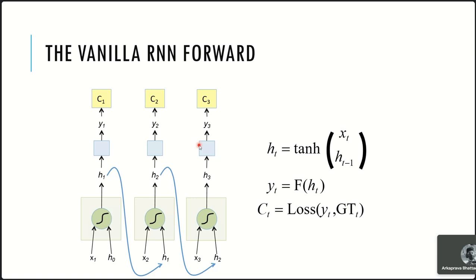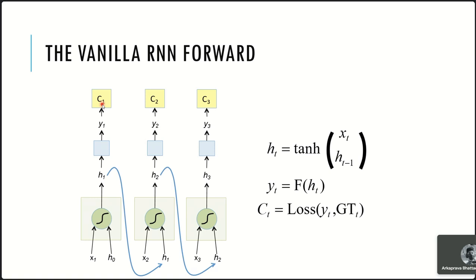Now, coming to the vanilla RNN feed forward network. This feed forward network mainly talks about the loss function. If you notice here, at time t equal to 1, x1 is the input, h0 is the input. You apply the TANH function, perform some operations, get y1 as an output, and check if the output correctly matches the target output or not.